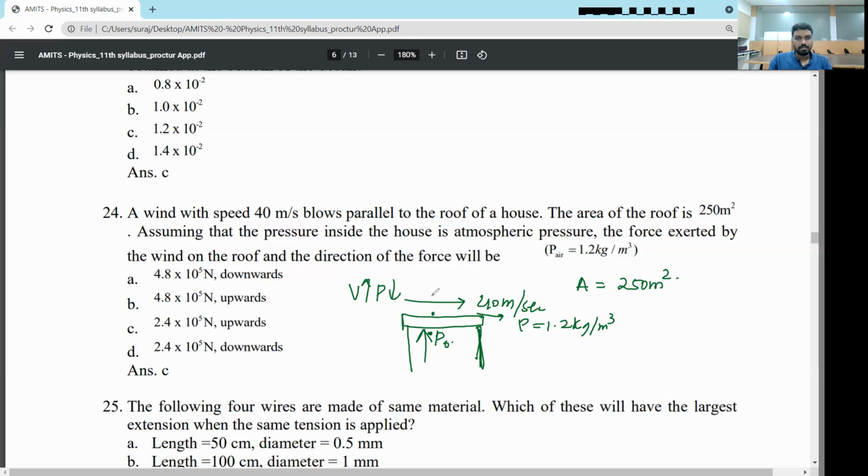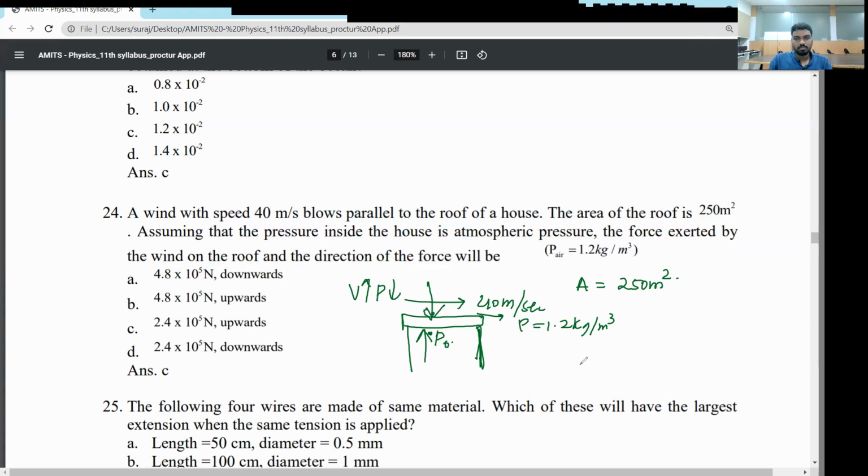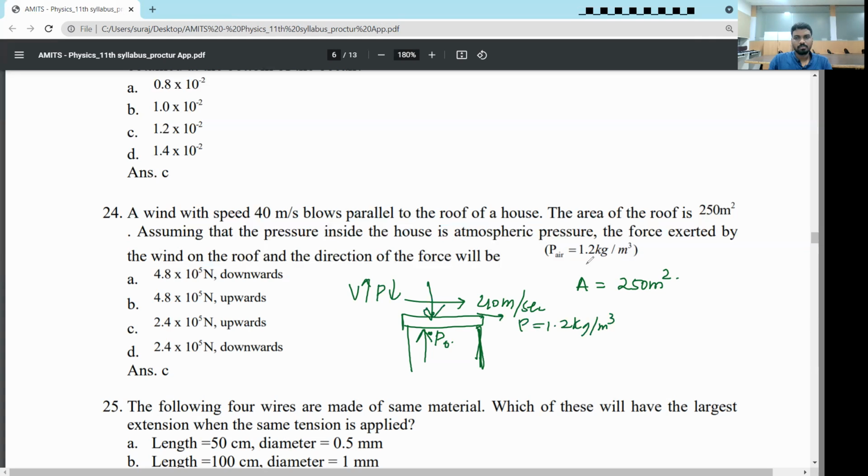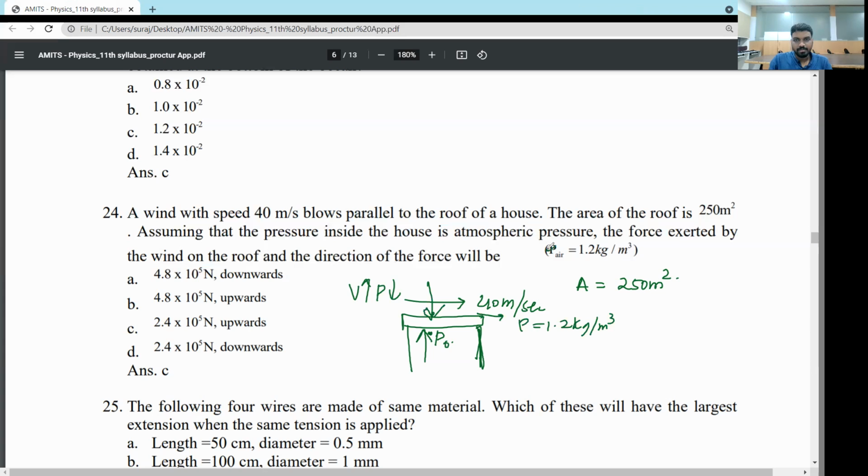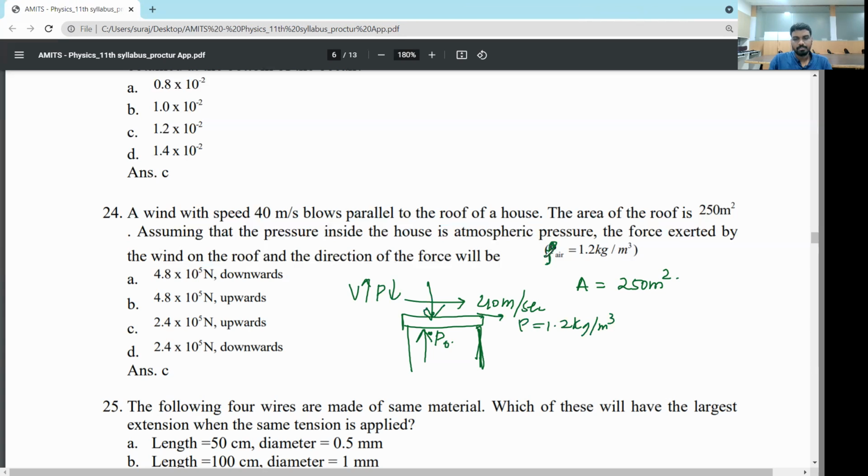How? Downward force minus upward force. What is the upward force? Density of air is given, so then you can use Bernoulli's theorem.